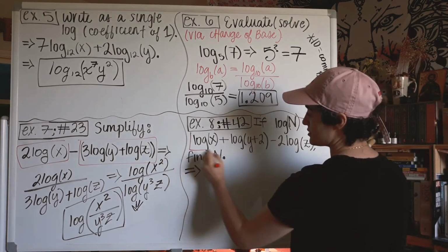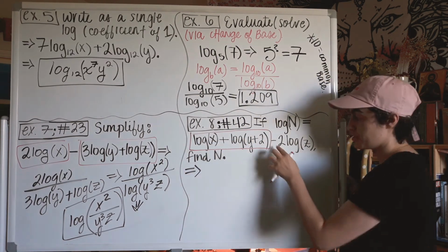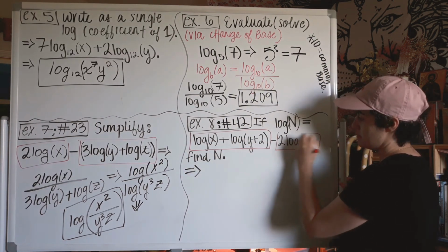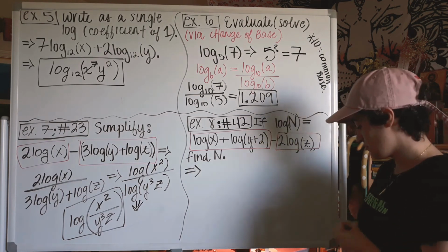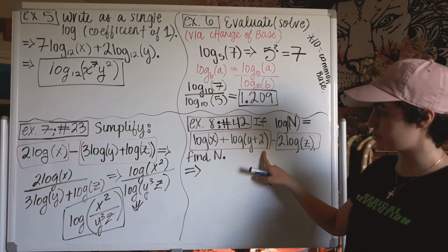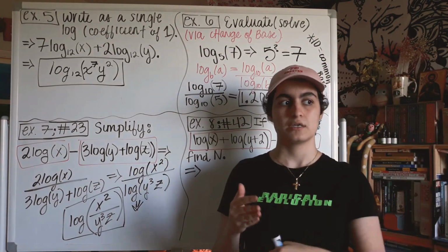So I'm going to go ahead and box them together. When you add, it's product rule, and when you subtract, it's your quotient rule. So this is going to go on the bottom of the fraction, and this on the top. I'm just going to write it just like I did here, and then I'm going to compress slowly.